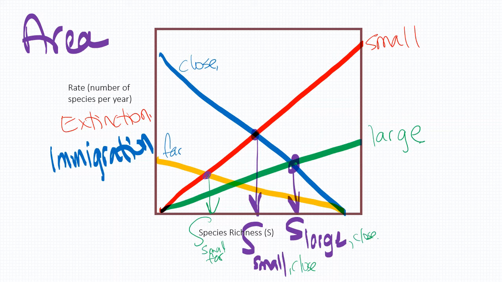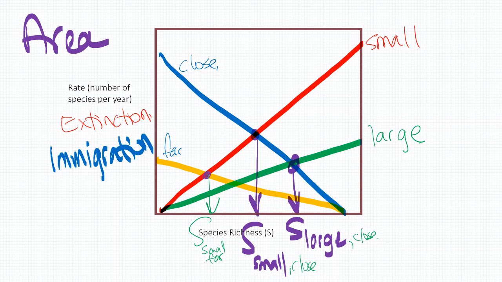Your equilibrium number is going to be the lowest if you're the smallest island far away. So you have low immigration and high extinction rates. Once again, remember that at these points, the actual species composition is changing because you have some new species coming in and existing species going locally extinct.